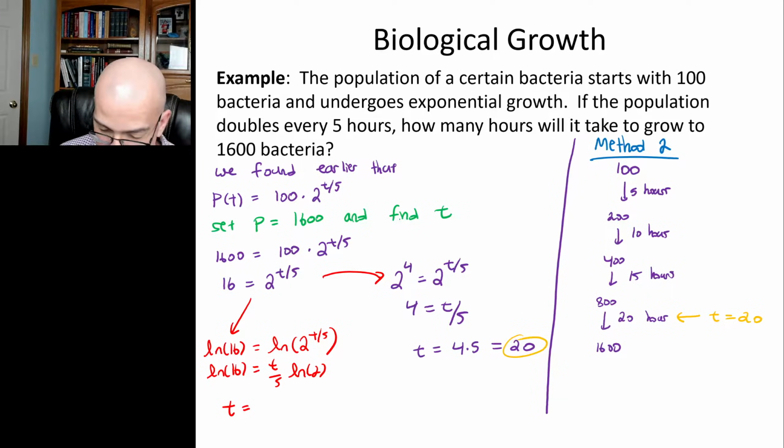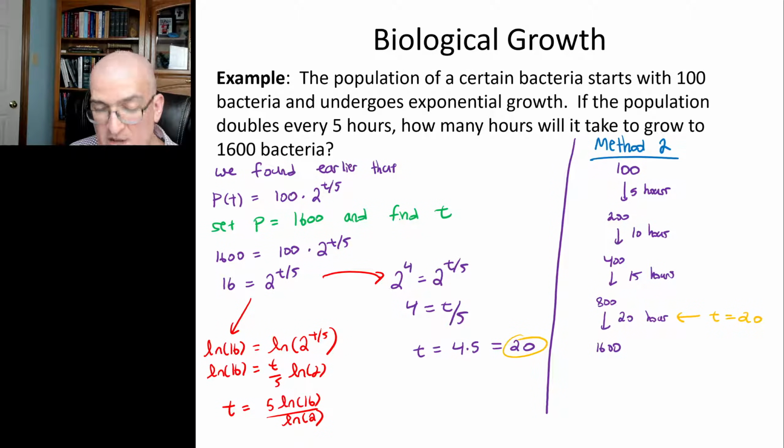So t is equal to 5 ln 16 divided by ln 2. And we could simplify. We could write 16 as 2 to the power 4. Bring the 4 down, because it's inside a log function. 4 times 5, 20. So we have 20 ln 2 divided by ln 2. The ln 2's cancel. We just get 20.